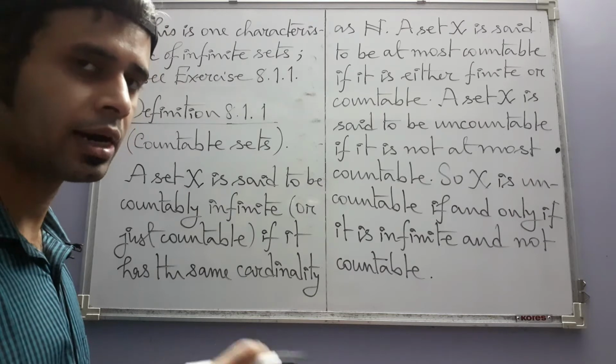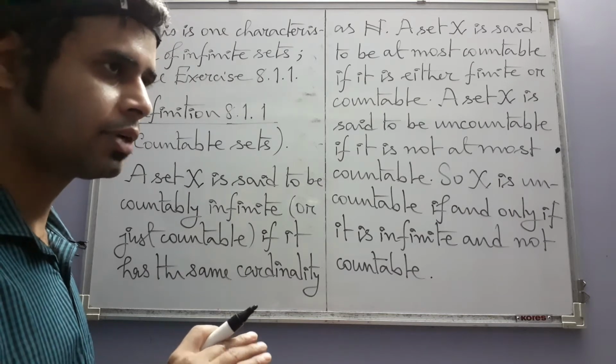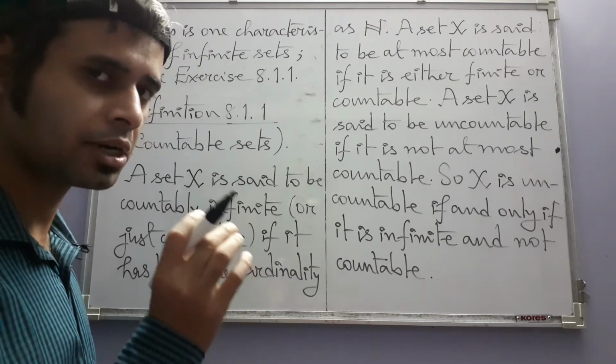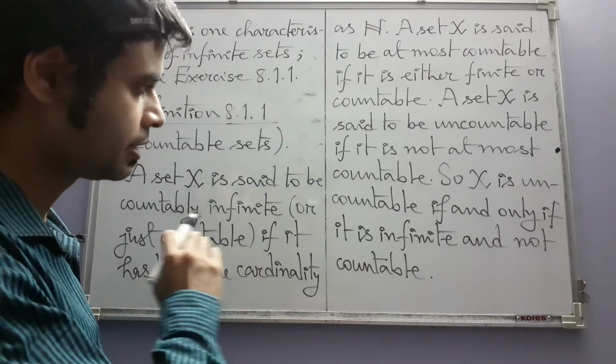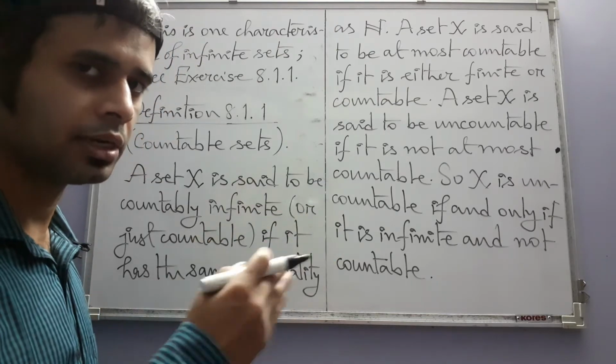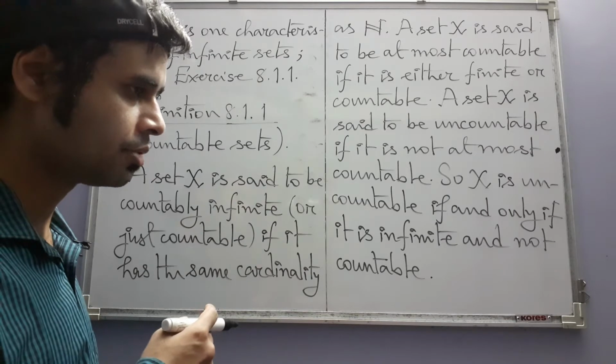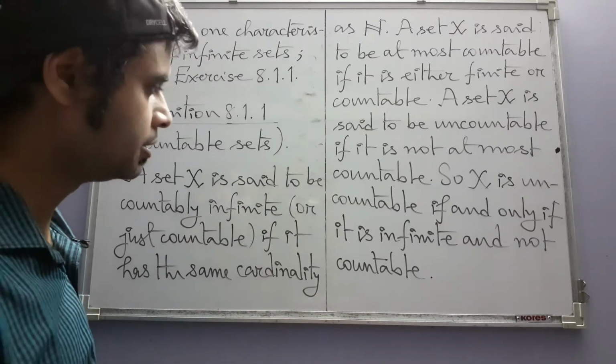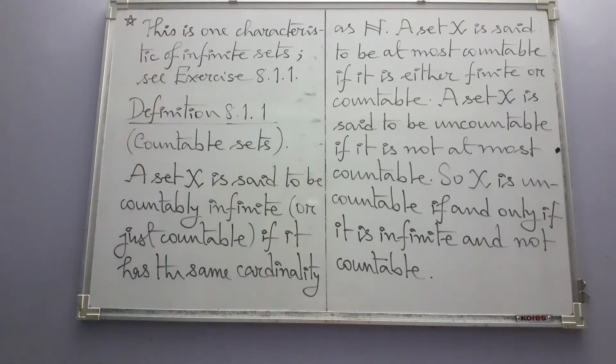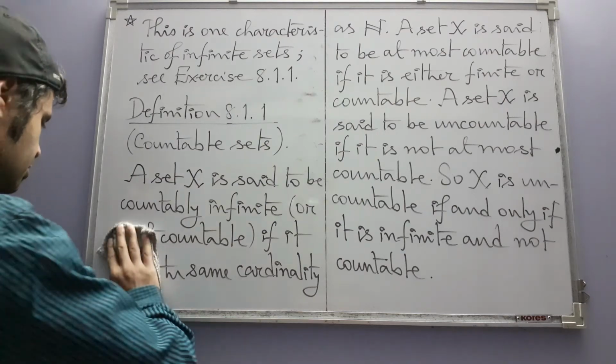Namely, there are in fact infinitely many bijections, but one particularly easy one is the identity map from N to N, which is both 1 to 1 and onto, so it's bijective. Okay, so let us now see where these notions lead us.